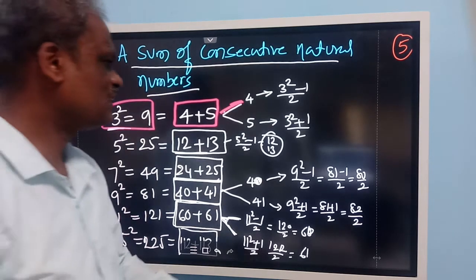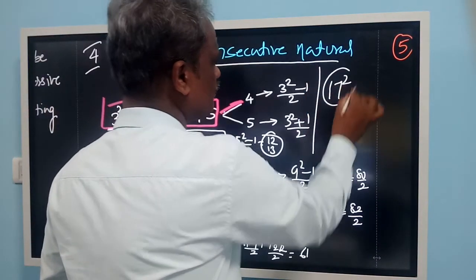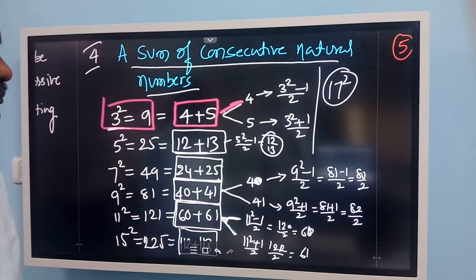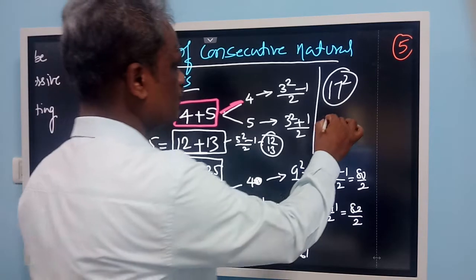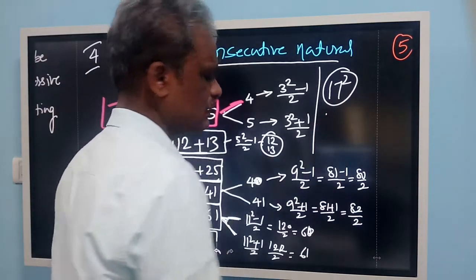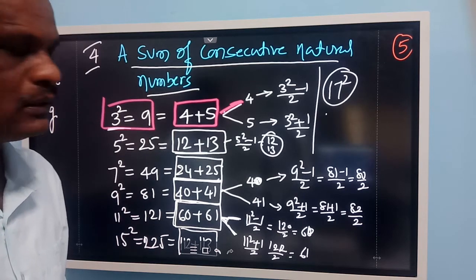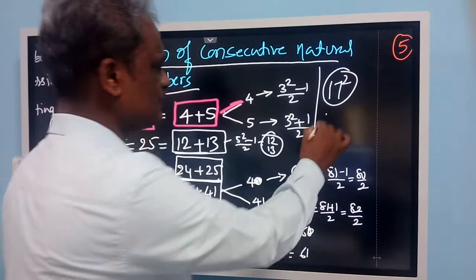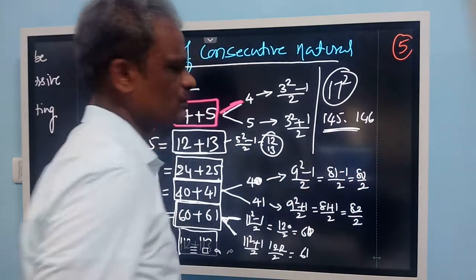Yes, sir. Now I will ask you one more. You write down 17 square. What are you writing? 289. Sir, 145 and 146. Is it correct?